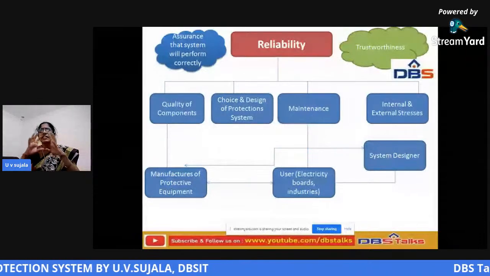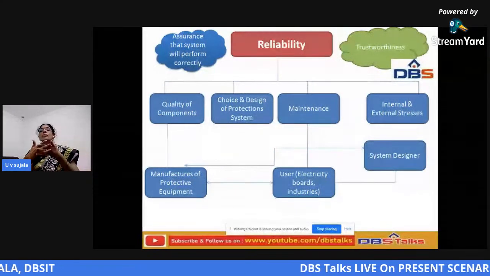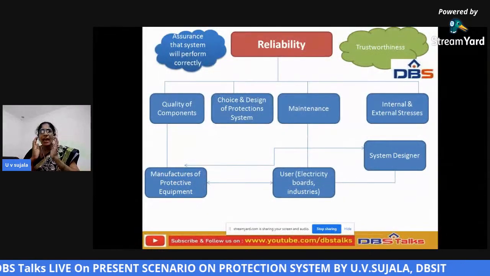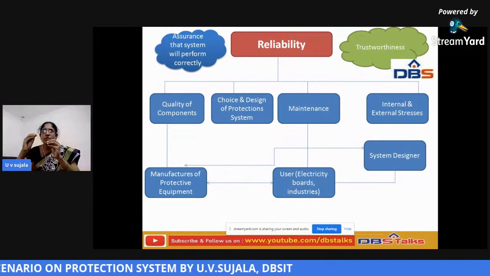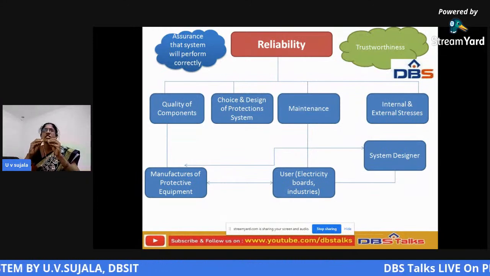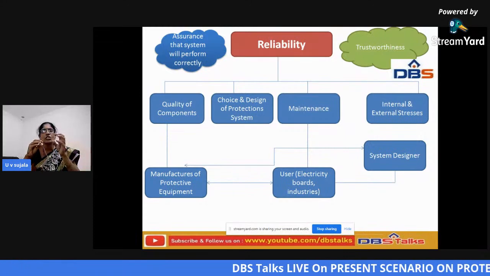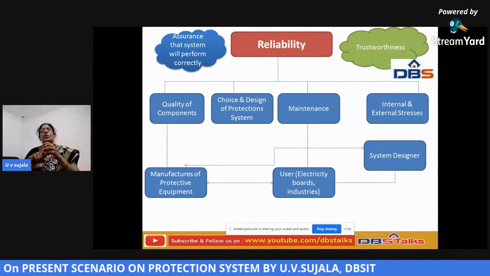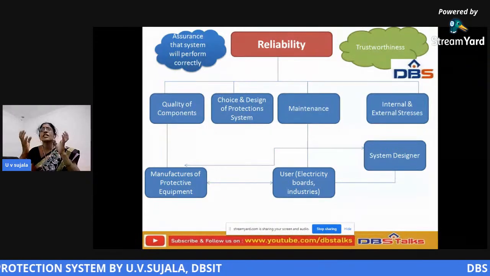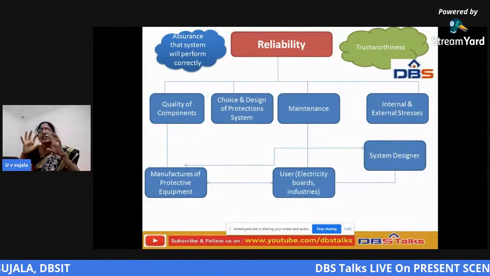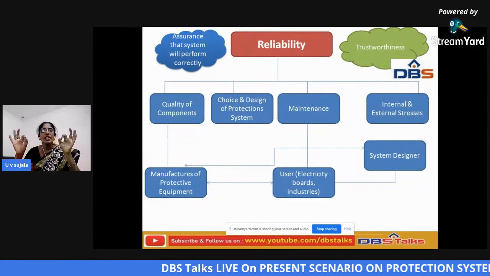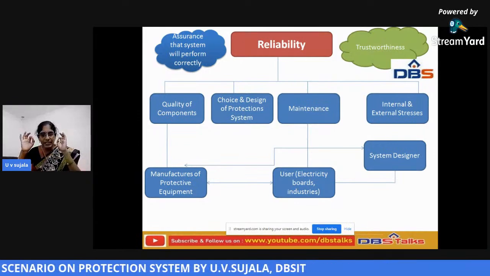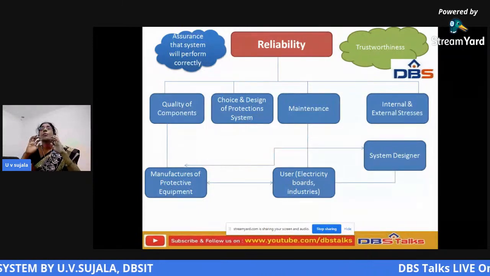So you have to check the manufacturers of protective equipment. You have to protect that equipment. So for a manufacturer, the total designing of the protection must be manufactured. If you take one equipment, what about the manufacturer, what is the quality and the designing process, and it is used by the electricity board industry. So when the system operates, a high degree of reliability is required in order to protect the power system.